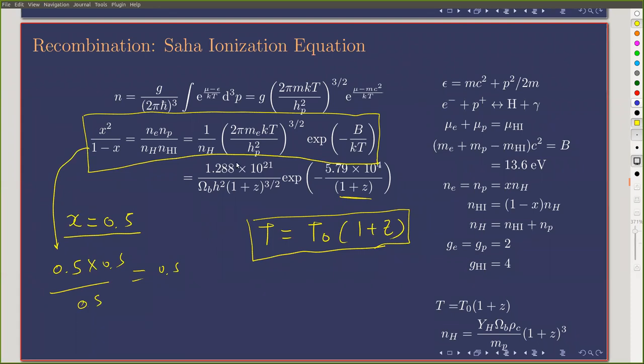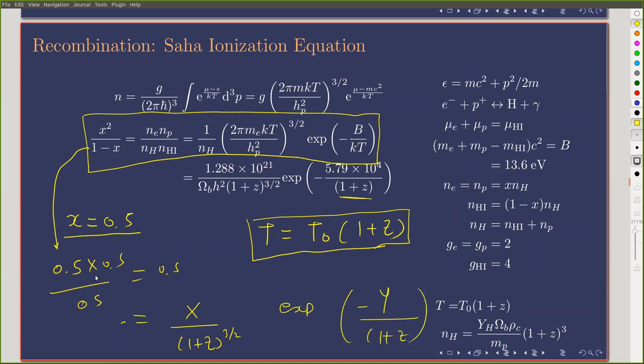Basically, if you put in the values of all these things, you will get two kinds of factors. Let's not take the log; let's just say 0.5 is equal to some factor, which is going to be constant, x divided by (1 plus z) to the 3 by 2, and another factor y divided by 1 plus z.